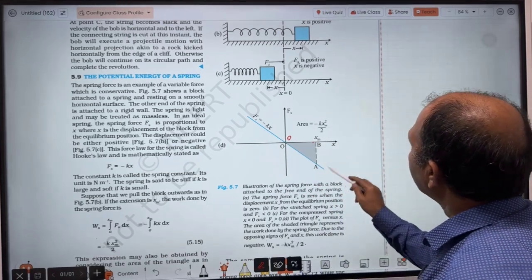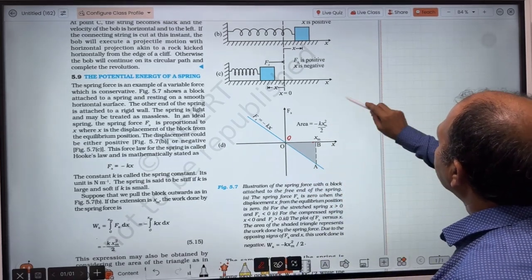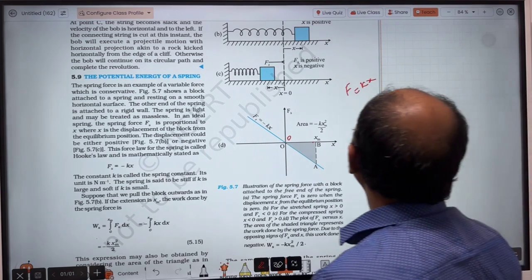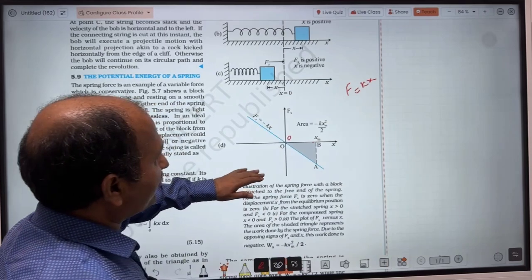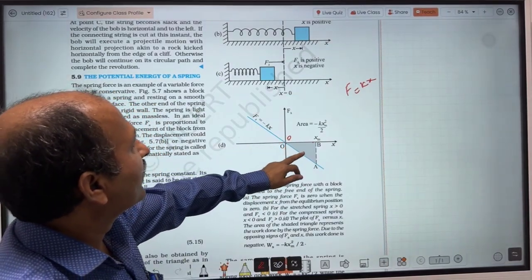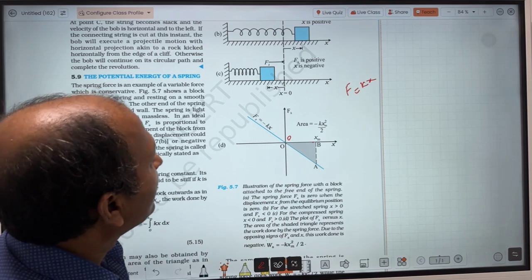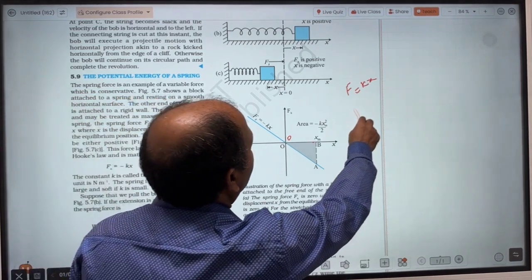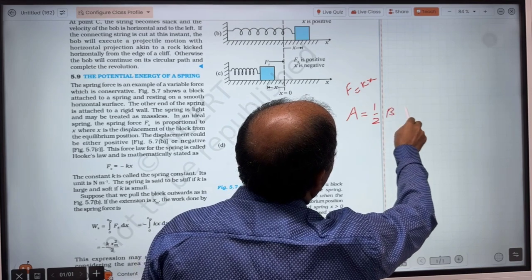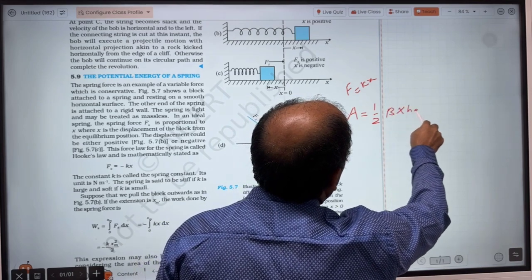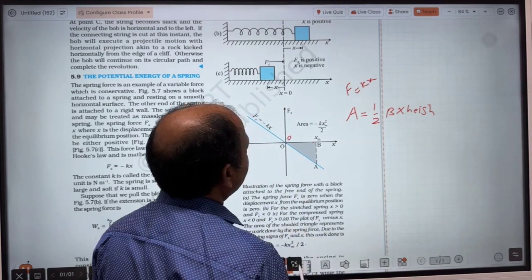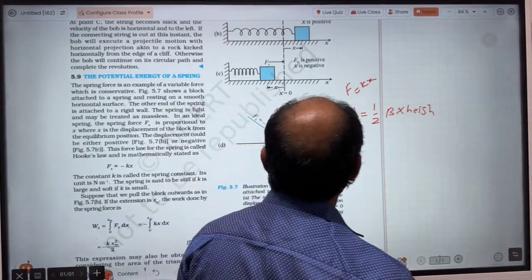So here, if F equal to kx, for the area of the triangle, what is the base? The base is x, and what is the height? The area will be A equal to 1 by 2 base into height, right? So what is the base here and what is the height here?